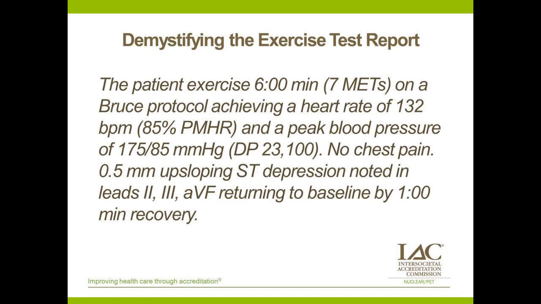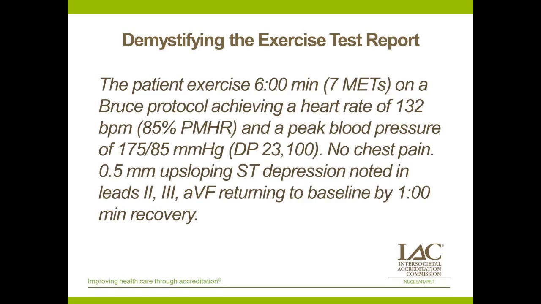Let's talk about the exercise test report, because for many people this is just a bunch of gobbledygook and a mystery as to what exactly it means. So let me walk you through this statement. This is not an unusual statement from an exercise test report.